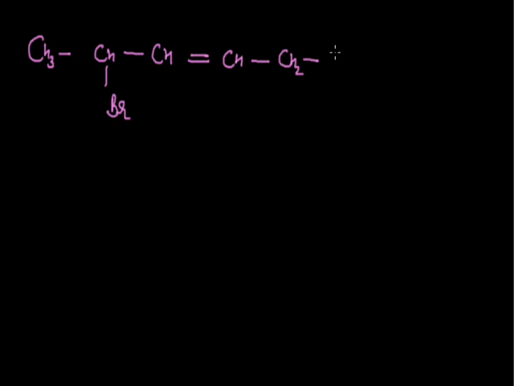If the organic compound is given to us in a manner such as CH3 group connected with CH group with a branch of one bromine atom, which is connected with next CH group, multiple bond connected with another CH group, and finally an ethyl group at the terminal position, CH2CH3.